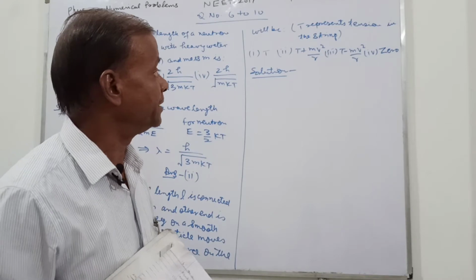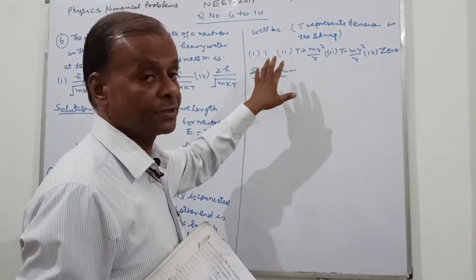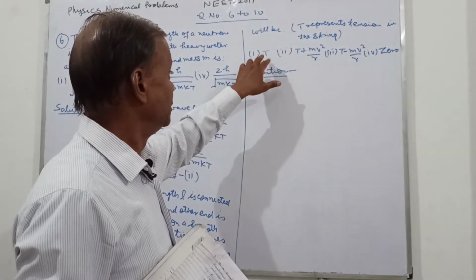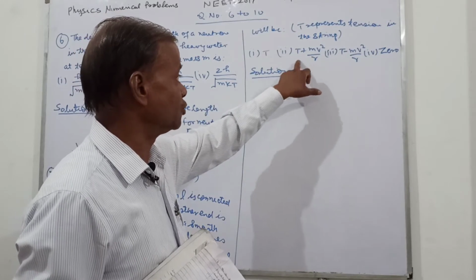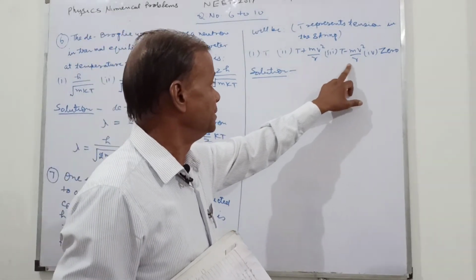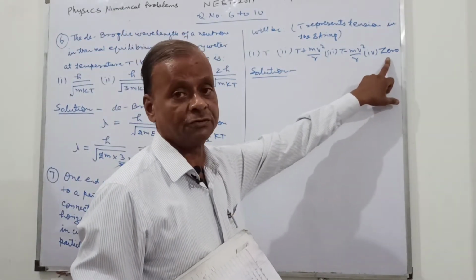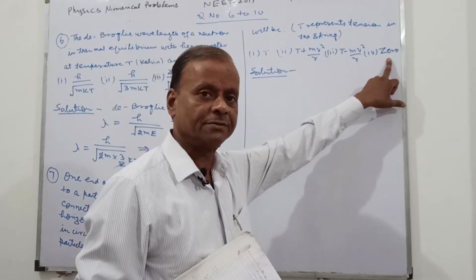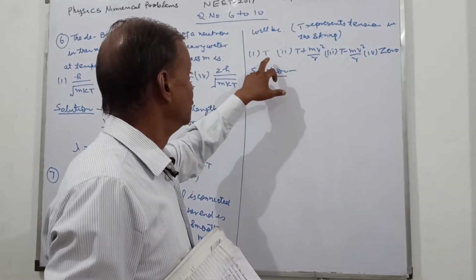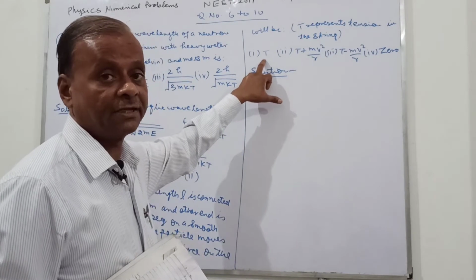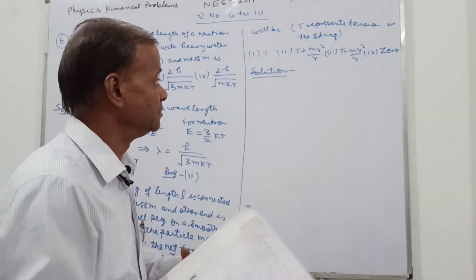But here, you have to find it from the options. T plus mv square upon r is a combination of two forces. 0 cannot take place. So we have only the tension T that is directed towards the center.